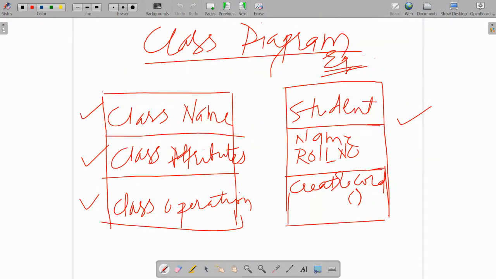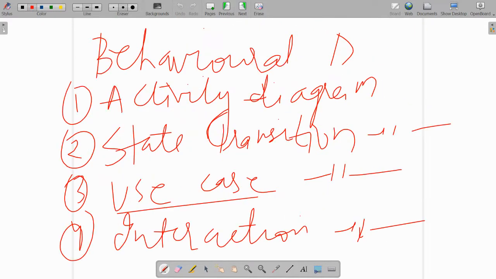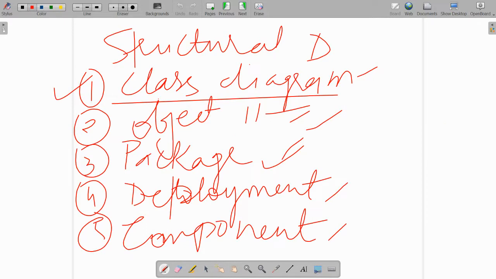So we have just talked about the class diagram. Just quickly we will go through the object diagram. Don't write anything about this, I will just give you a brief understanding. Now when you talk about the object diagram, it can be described as an instance of class diagram. Objects are real life scenarios.